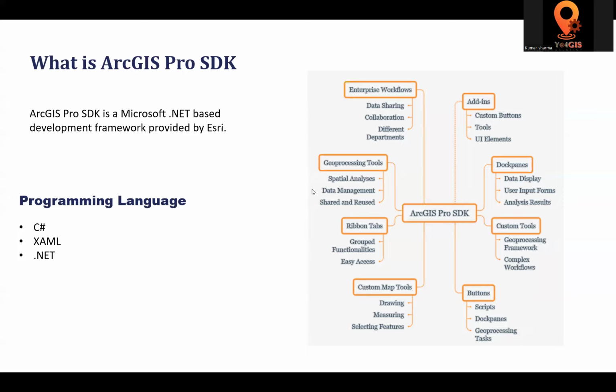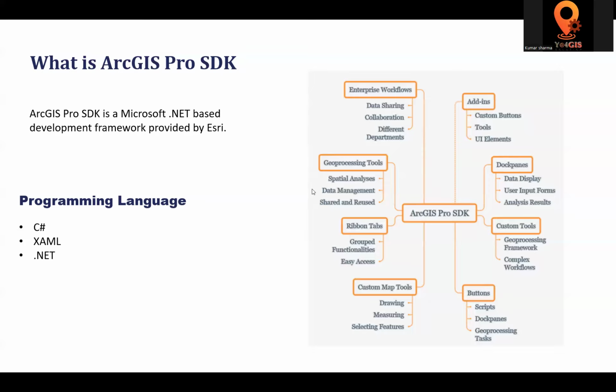So if we want to do the customization in ArcGIS Pro using the .NET SDK, first of all, we need to know about C sharp. We need to know about the .NET, and we need to know about XML. These are the three important pillars which help us to do the customization in ArcGIS Pro using the ArcGIS Pro .NET SDK.